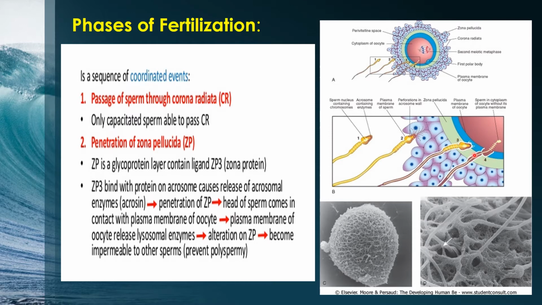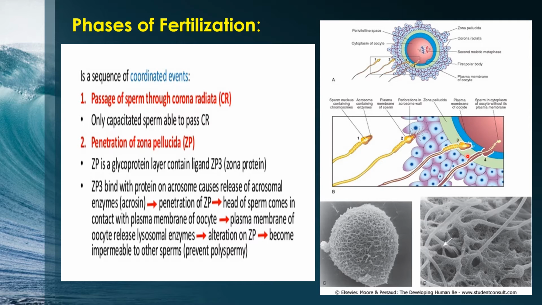So once it reaches the zona pellucida layer, it comes in contact with it. The zona pellucida layer is a thick glycoprotein layer made up of zona proteins, and these ZP3 proteins come in contact with the proteins of the acrosomal head. Then there is also the release of enzyme from the acrosome, particularly the acrosin enzyme.